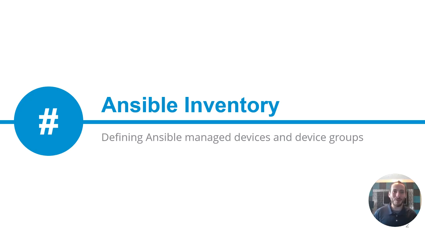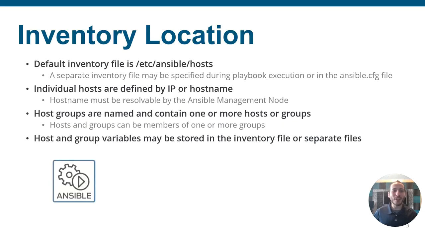So let's go ahead and jump right on in. First up, our default inventory location is the /etc/ansible/hosts file. This is on a Linux machine or a Unix-like box, right? That is our /etc folder, and then our ansible folder within there, and then our hosts file.